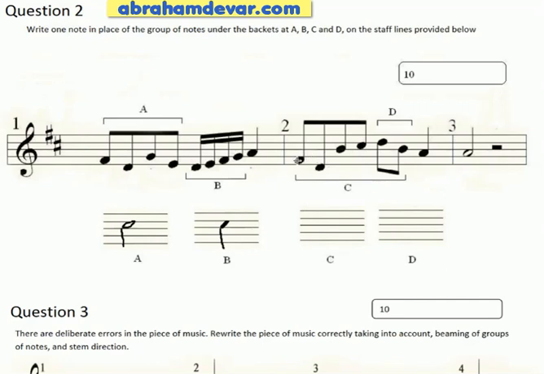Bracket C, again, we have the same 4 notes as bracket A, which is equal already to a half note. So we've got these 4 eighth notes that equal to a half note. We've got another 2 eighth notes, which equal to a crotchet. So we've got 2 notes, but the question asks clearly for 1 note.